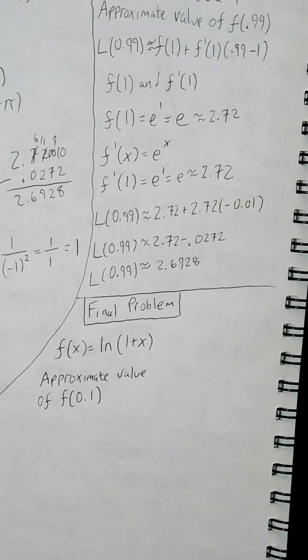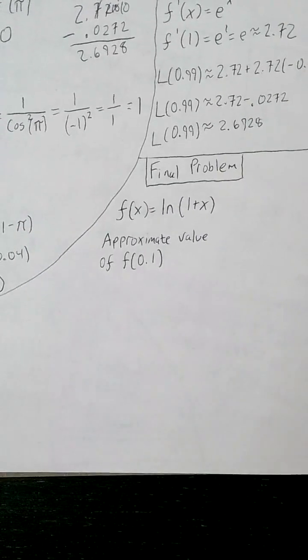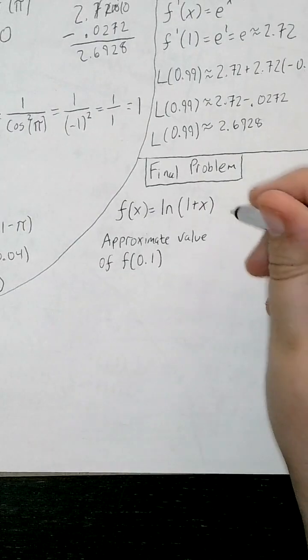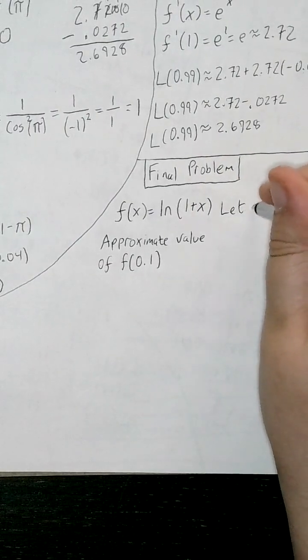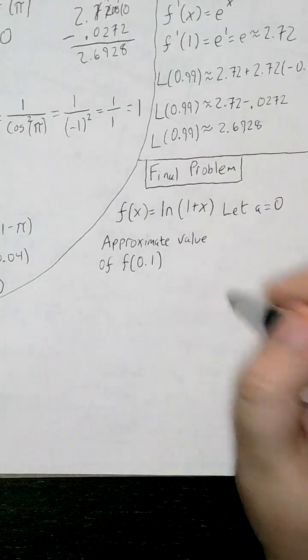So my x here is going to be 0.1. What should I let my a value be? I agree, Joy. Let's let a be 0. So let a equal 0.